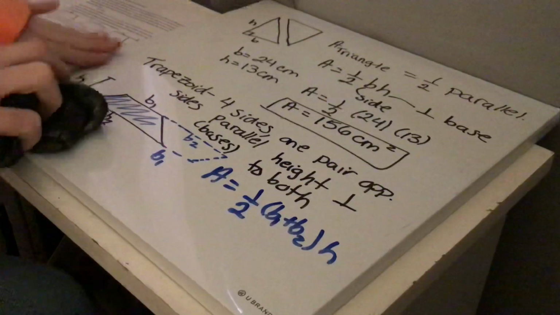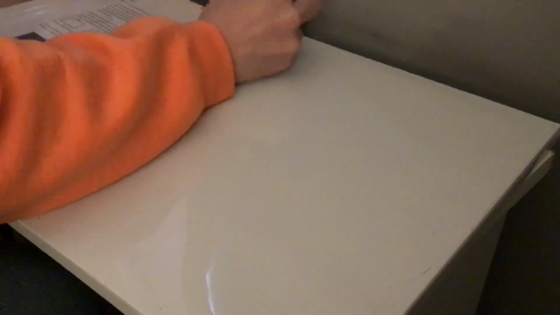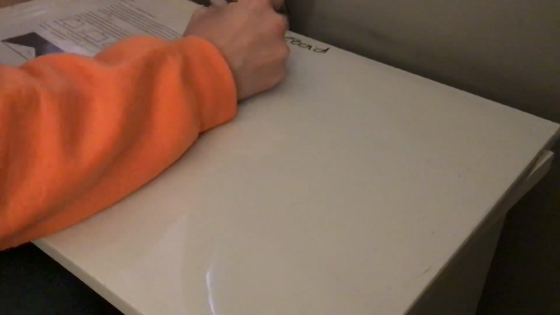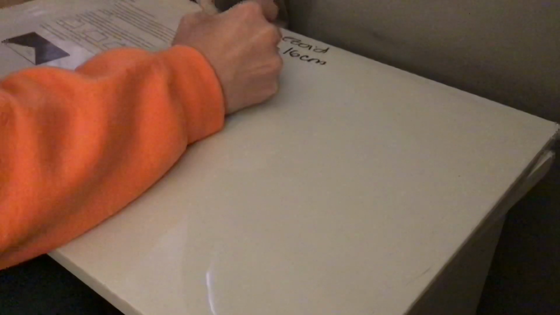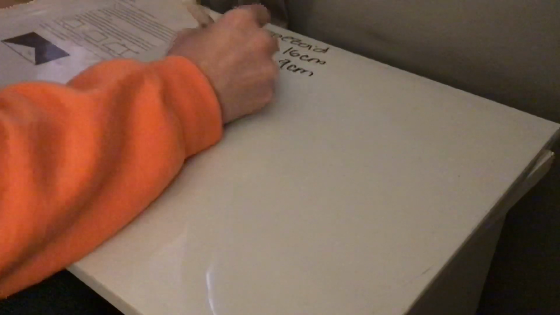So I want to find the area of a trapezoid where base 1 is 16 centimeters, base 2 is 9 centimeters, and the height is 12 centimeters.